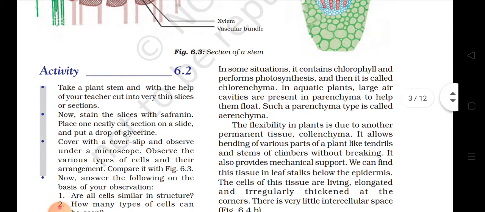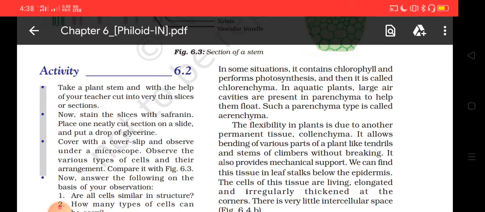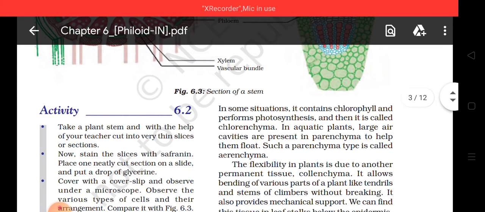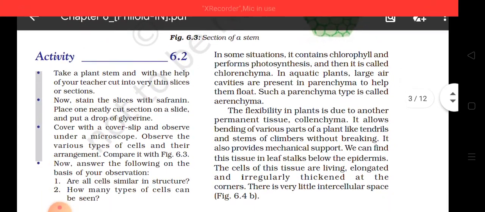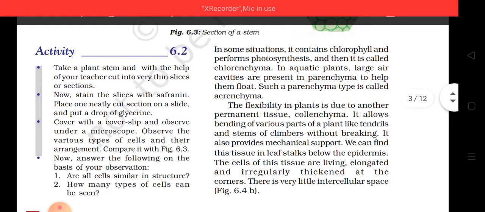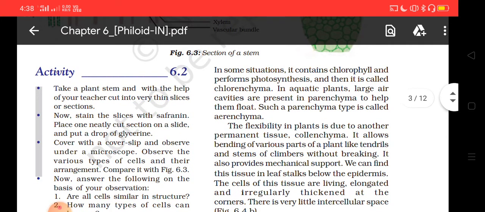Okay, green tissues of the plant. Now it mainly helps in the process of photosynthesis. These parenchyma cells are loosely arranged. They are loosely arranged. And these parenchyma cells are of two types. One is chlorenchyma, another one is aerenchyma.